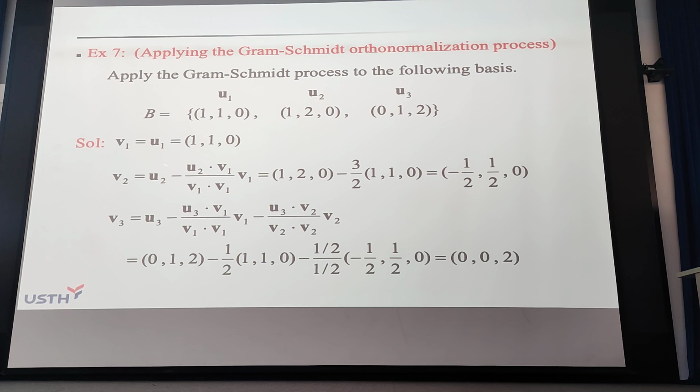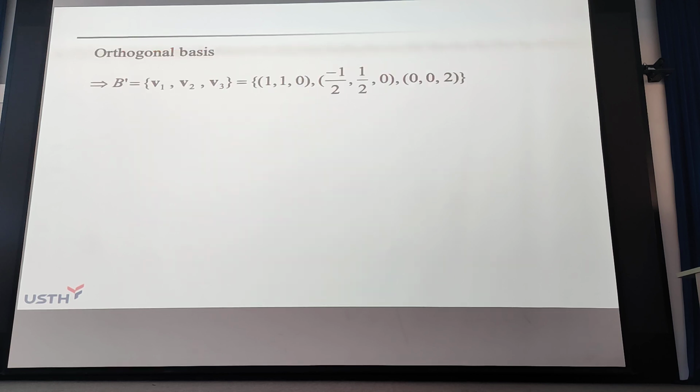And I'm sure that V1, V2, V3 are an orthogonal set, and because of that, they are an orthogonal basis for R3. And the last step, we need to normalize them. Normalize them, I'm sorry.